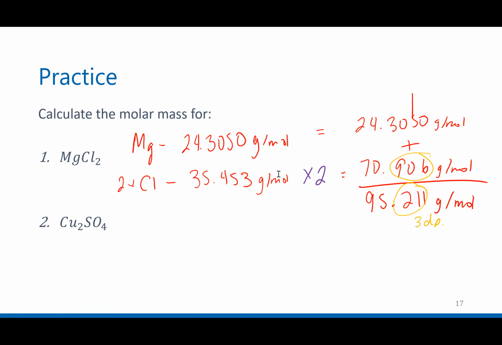Now, between us, if you are doing an assignment, or you move on to another chemistry course and you just need a quick molar mass, there are 2 ways you can get one. In the chemistry lab, the molar masses are typically written on the bottle of the chemical.